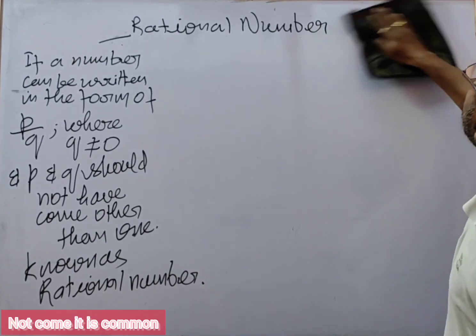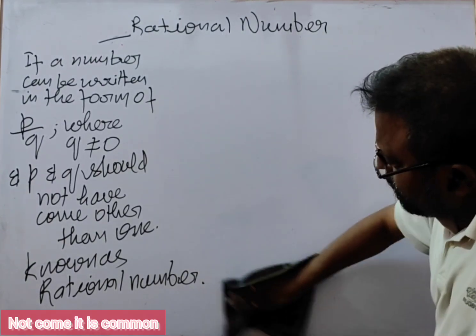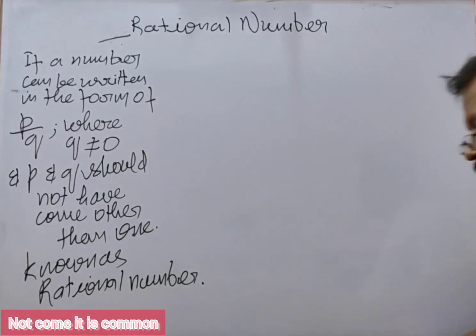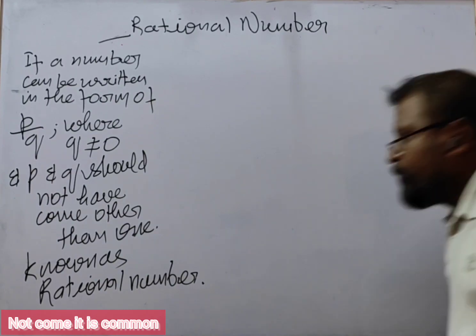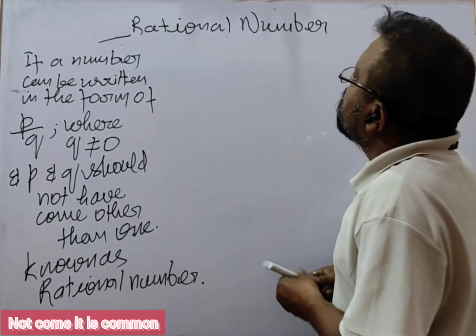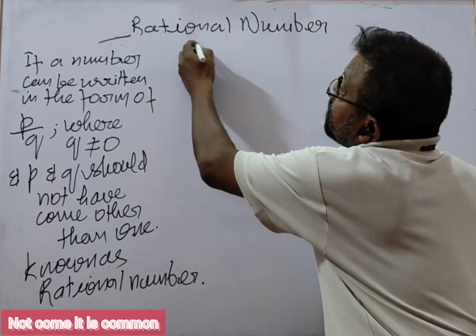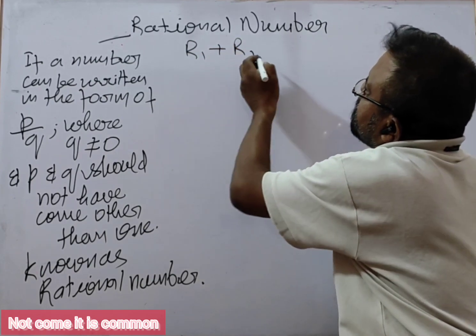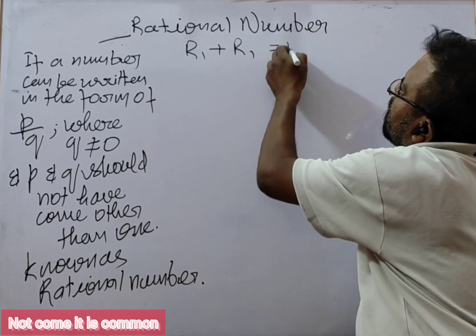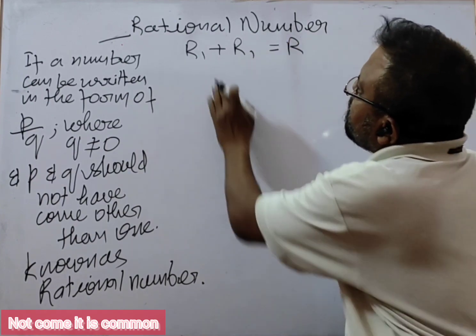Now, you know one thing. Rational number plus rational number is a rational number, right?